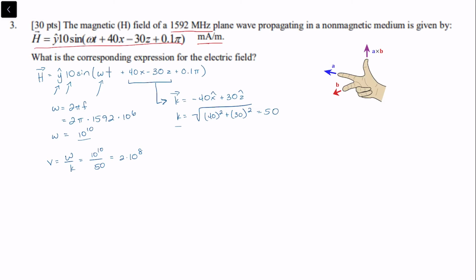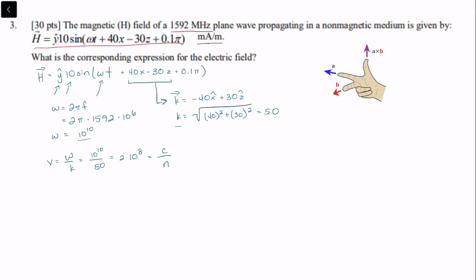Because this wave essentially travels at the speed of light, unless it's traveling through something. So the velocity is 2 times 10 to the 8th power. But we could also say that the velocity is equal to the speed of light hindered by the refractive index of a material.